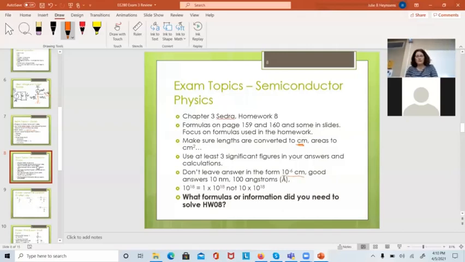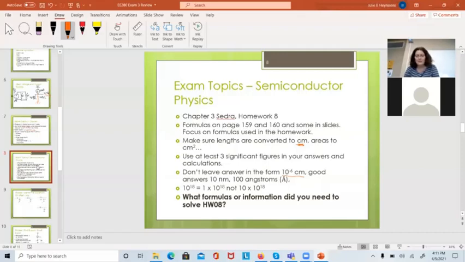That's not micrometers. That's 10 to the -6 centimeters, which is 10 to the -8 meters, which is 10 nanometers. Don't leave it in the form of 10 to the -6 centimeters unless you want to get a smart alecky comment on your exam and maybe a few points taken off. Good answers for that would be 10 nanometers.